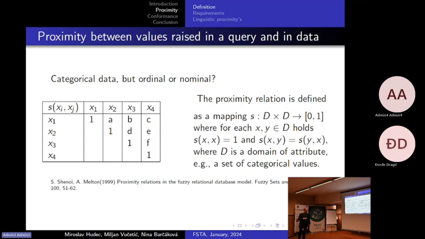But when we move to categorical data, the situation is a little bit more complicated. In the past, as I mentioned, in fuzzy relational databases, there were three requirements: reflexivity and symmetry, but also min-max transitivity, so that if x1 is similar to x2, and x2 is similar to x3, then x1 should be very similar to x3, in order to find a cluster or remove them.